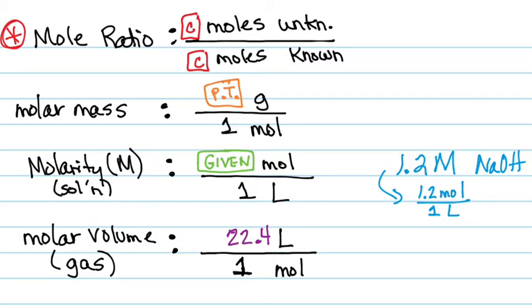Later on, when we get to gases, I will explain to you why it's 22.4 specifically, and we'll work out the math with it. But 22.4, that is the volume of 1 mole of gas. It's STP, or standard temperature and pressure, and I will show you that on another slide too.